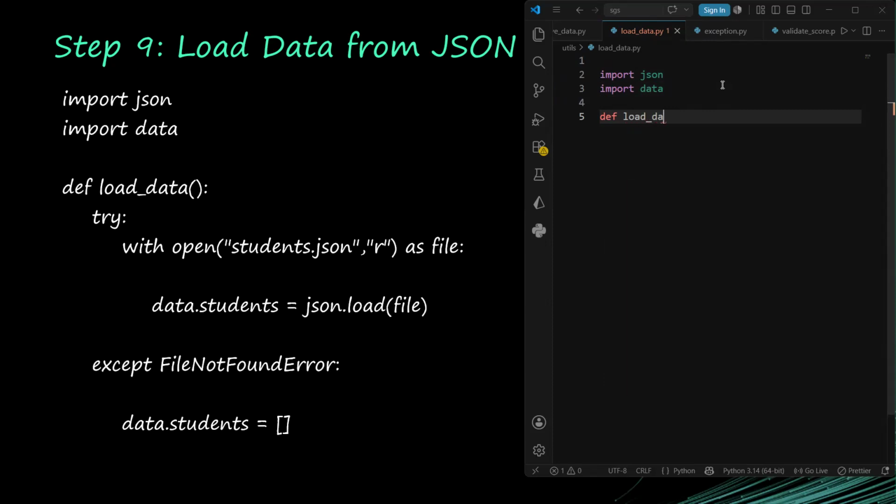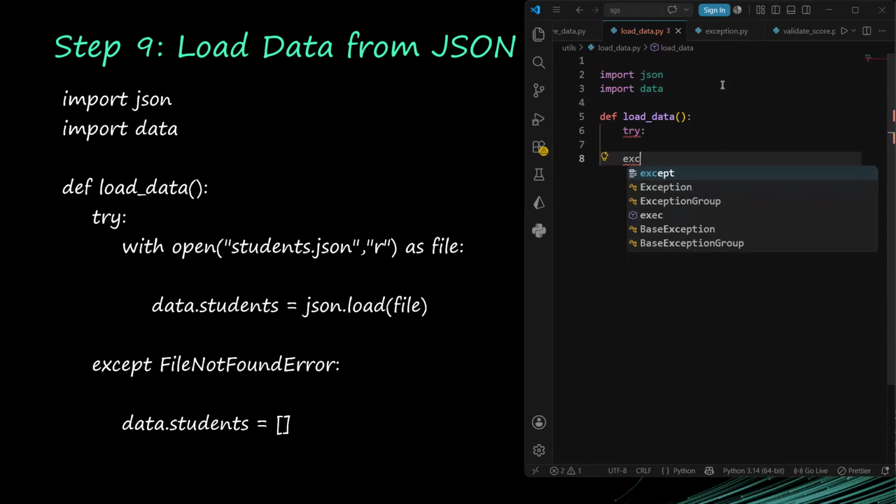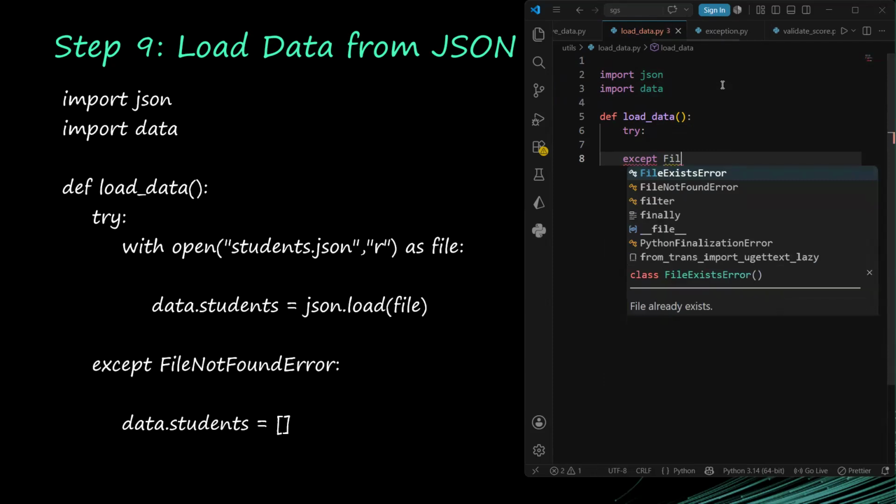load_data. Okay. We have to put it in a try block. So I'm coming to the except. Let me even go straight to the except. So if there is any error, we are looking for file not found.